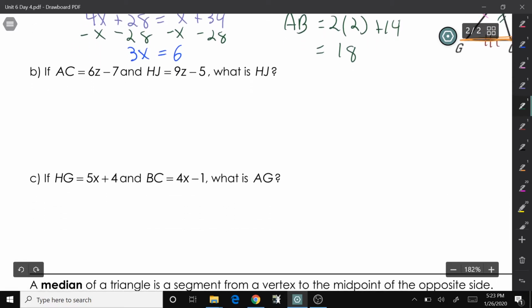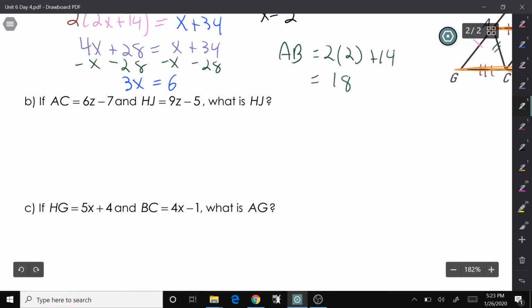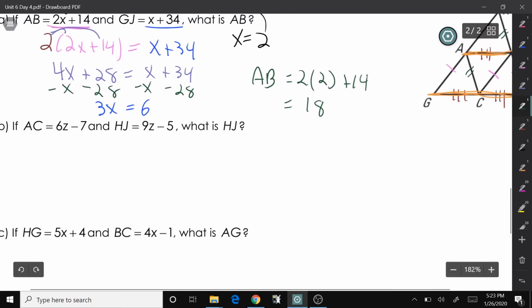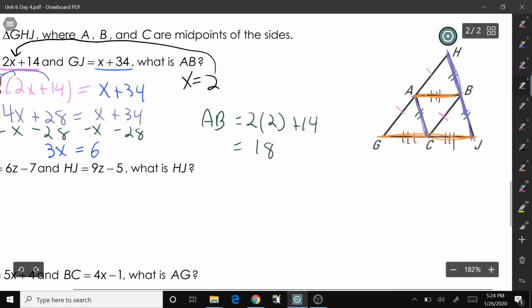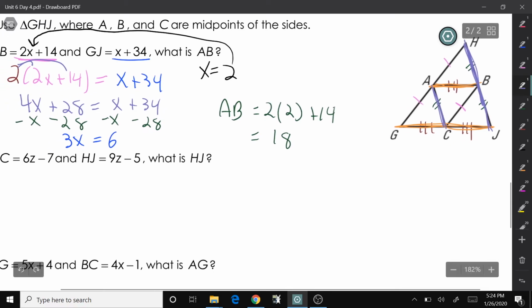Alright, letter B. It says AC is 6z minus 7 and HJ is 9z minus 5. What is the length of HJ? So let's see how those are related. AC and HJ. This is HJ and this is AC, where AC is half the length of HJ, meaning if we multiply AC by 2, it will give us the same length as HJ.